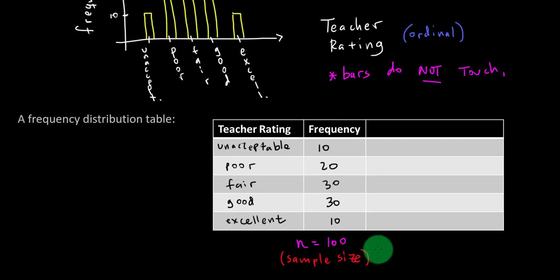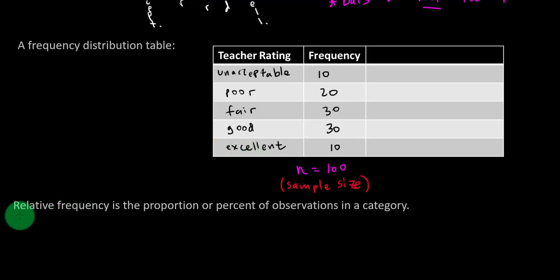Cool. Well, let's go ahead and populate this third column, which is going to be about relative frequency, which is another way of saying the percent or proportion of observations that was observed in each category.